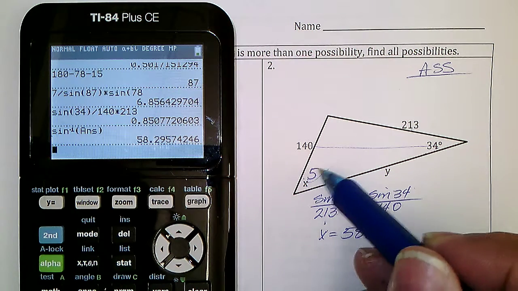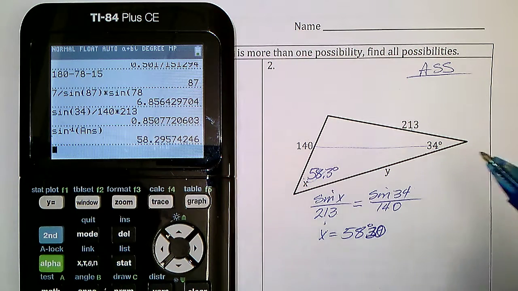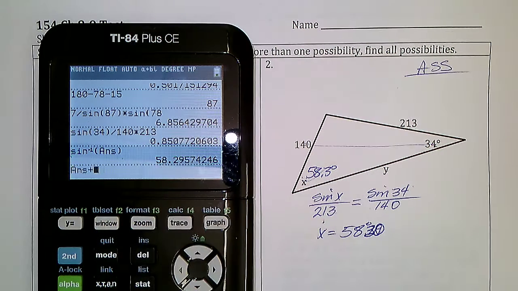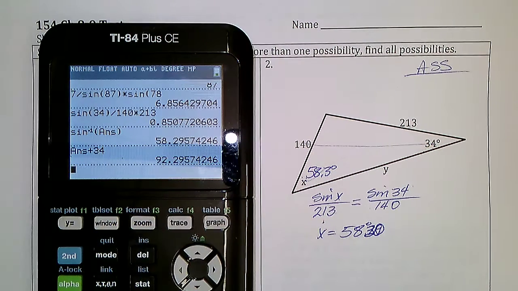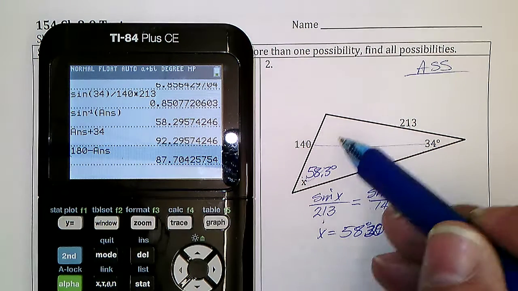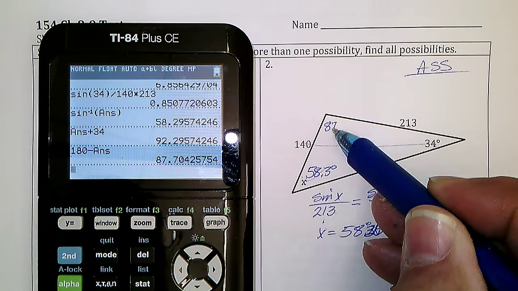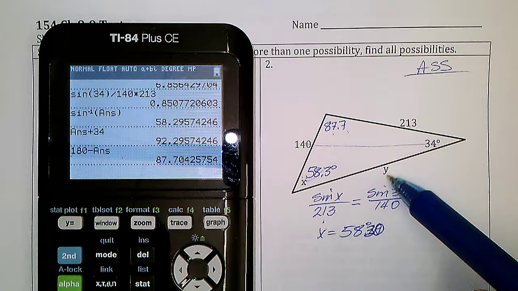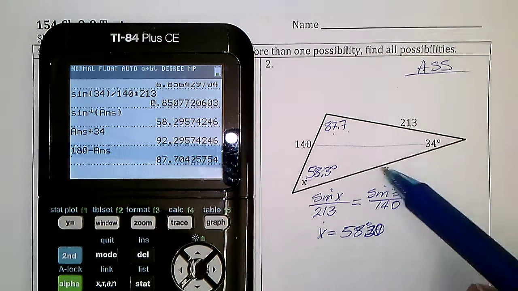So 58.3 degrees plus 34 degrees. Okay, and then take that from 180. And this one would be 87.7. Don't need that, but it helps to find y. So that'd be across from it.